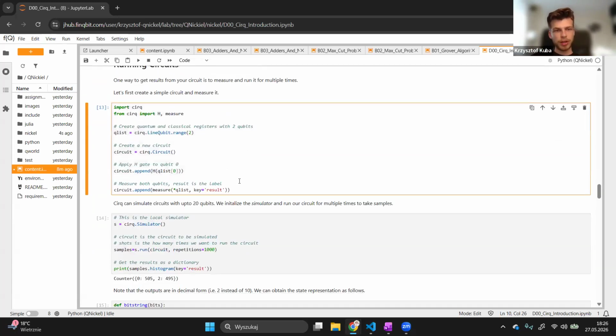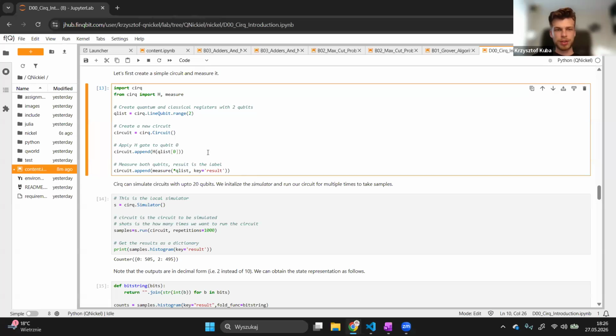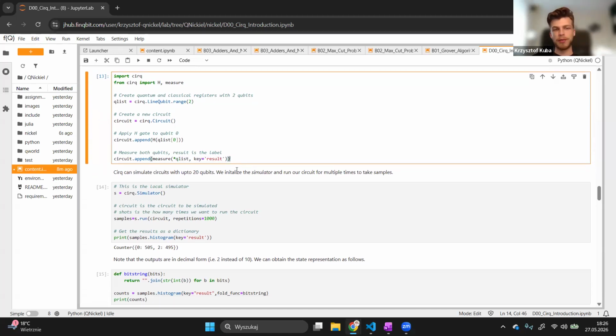So, how to run a circuit. In order to run a circuit, we can append a measurement, and to the measure function, we append which qubits we would like to measure, and we can also specify a key. Therefore, if we have two different qubits or lines of qubits I would like to measure and compare their results, we can specify different keys and then access those results using those different keys.